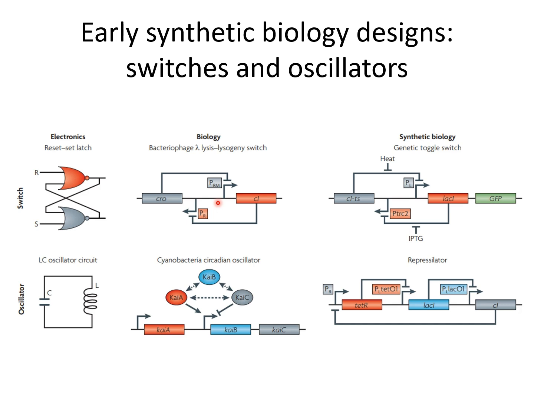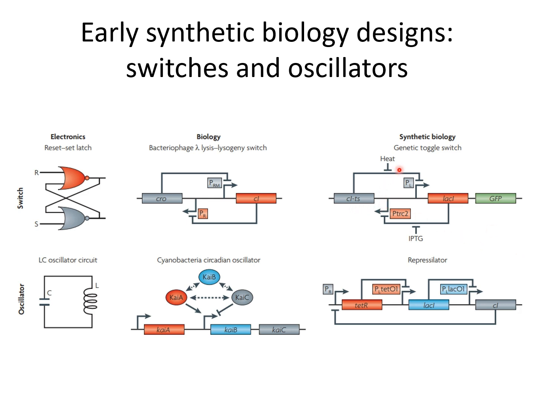Building on this idea, researchers have created a synthetic version using the same modular components, called the genetic toggle switch. It basically uses two promoters: one from the lambda phage, which drives a gene called LacI, and another called PTRC2, as you can see here, which drives the temperature-sensitive version of another gene, known as cIts.